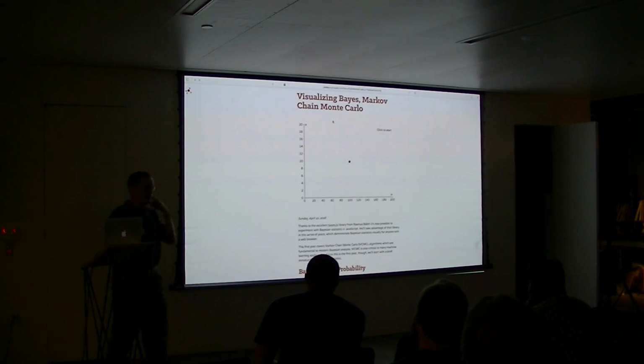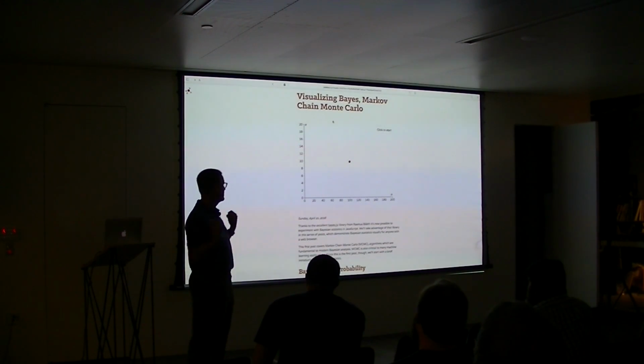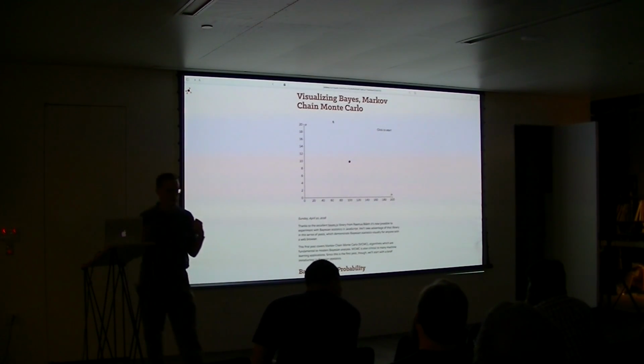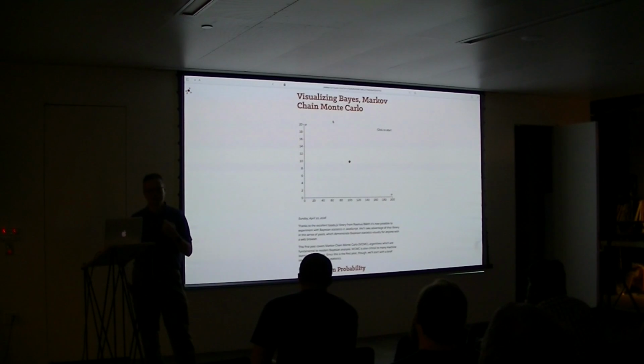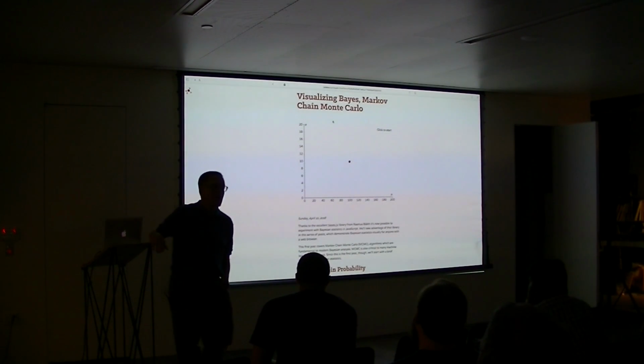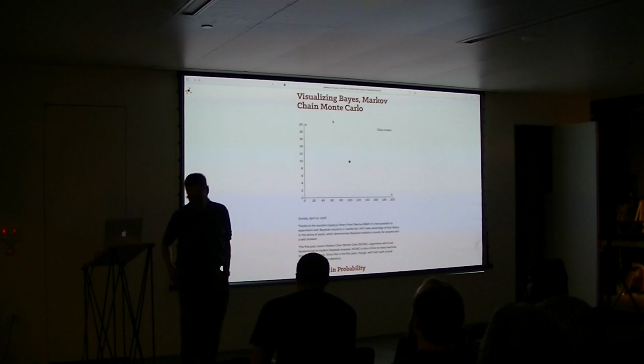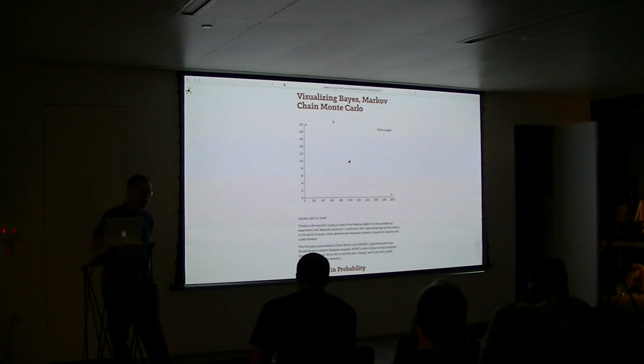When you start the problem, you have to hypothesize a distribution for the parameter you're interested in, in this case height. We'll say we believe that height is distributed according to the normal distribution, otherwise known as the Gaussian distribution, or the bell curve.